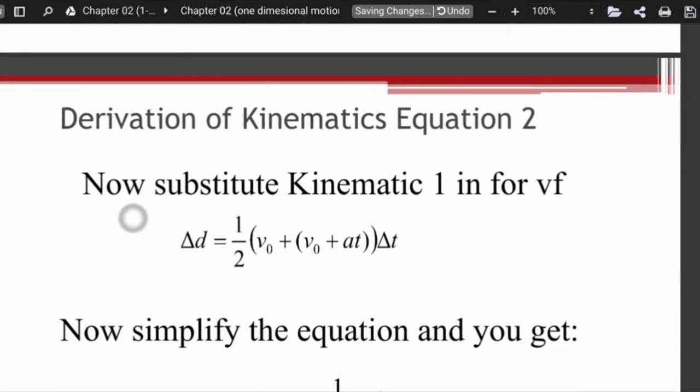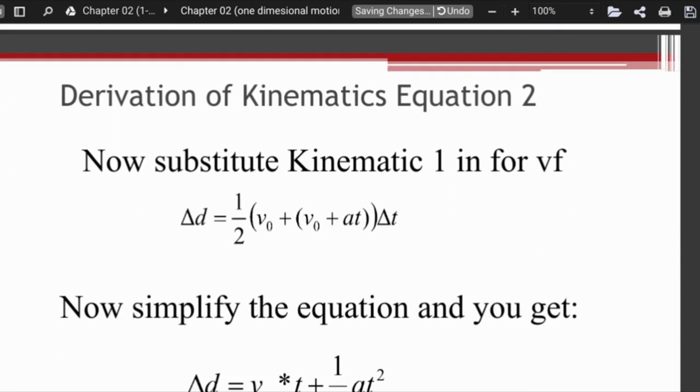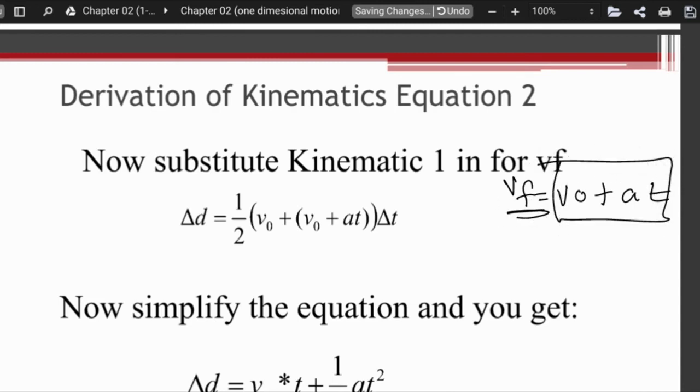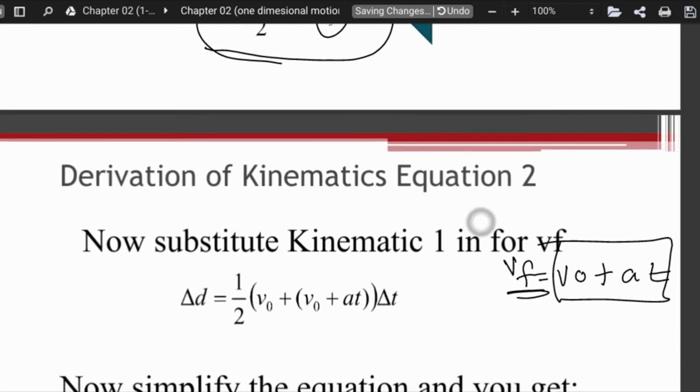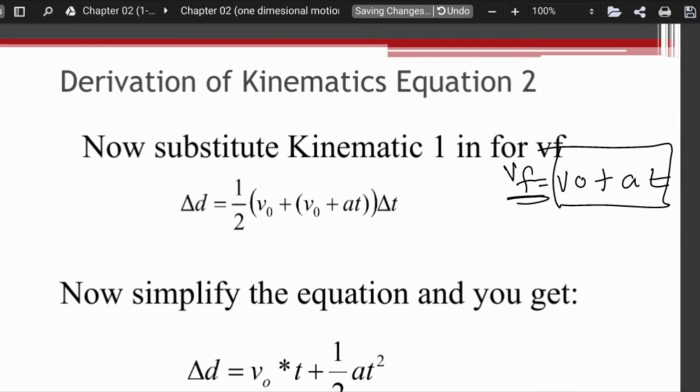With kinematic 1, we know that the final velocity was equal to the initial velocity plus at. I could substitute this equation in for final velocity. Remember, we just had final velocity right here, and we can now substitute in this equation, and we get this.